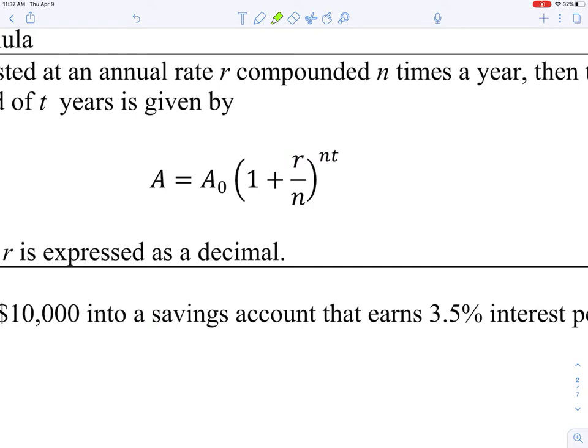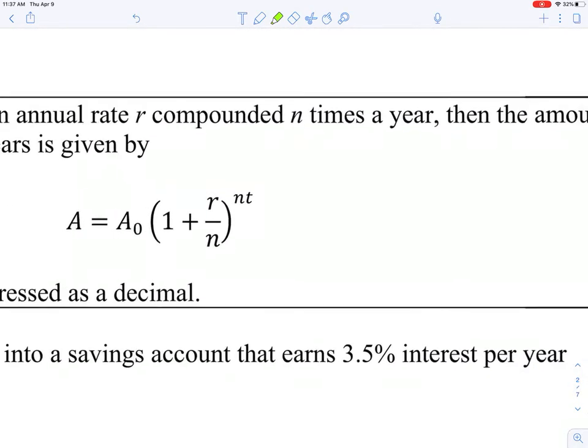The thing is, you're given an annual rate, but you're given that it's compounded so many times per year. Like if it were compounded quarterly, that would be 4 times per year. You would divide the rate by 4 to figure out the actual rate of growth per period.